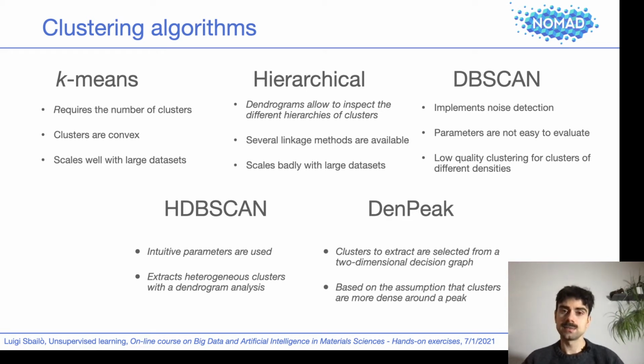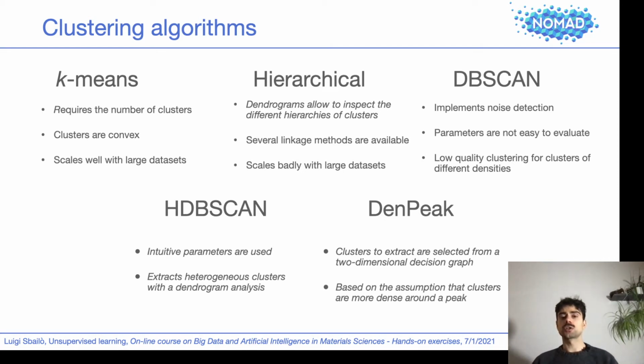Then we have seen HDBSCAN, which is a hierarchical extension of DBSCAN, and that solves some of the DBSCAN problems. It uses intuitive parameters, only one is essentially required, and it is able to extract heterogeneous clusters, so with very different density.